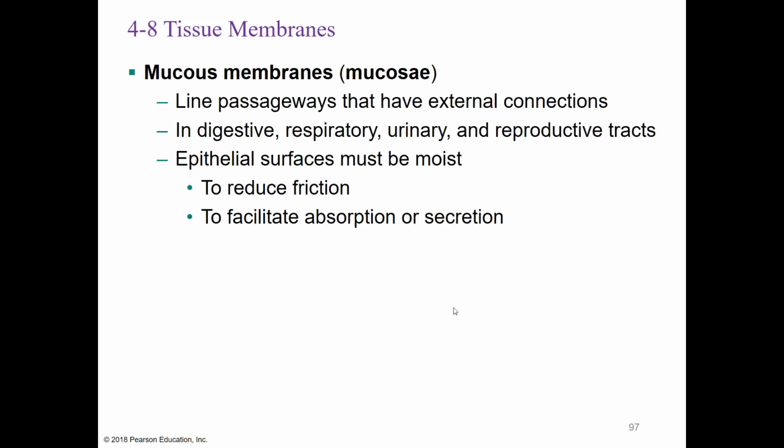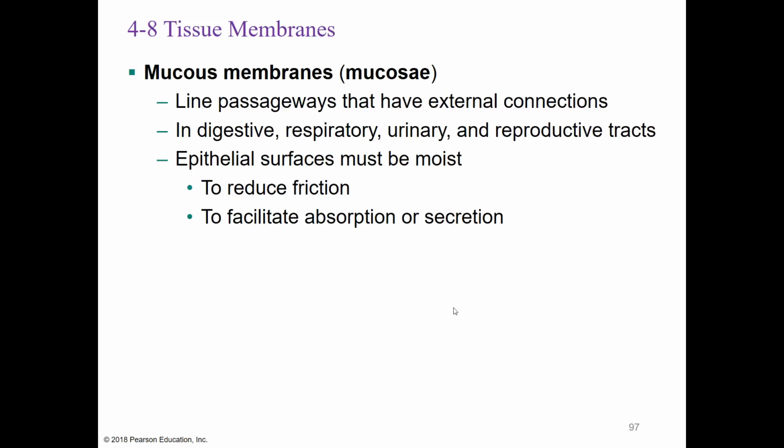So for example, anything that communicates with the outside world. Your nose, your mouth, your urethra, all communicate with the outside world. These epithelial surfaces must be moist to reduce friction or to help with absorption or secretion, depending on which mucous tissue we're talking about.